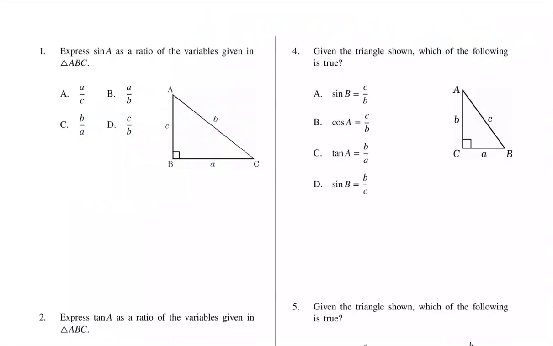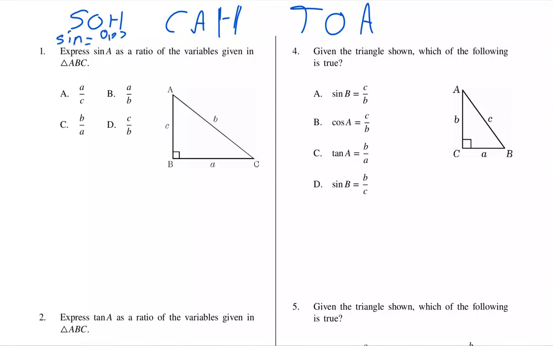On this page, we're going to be working on my basic trig functions. So we have to remember SOHCAHTOA. This is sine equals opposite over hypotenuse.